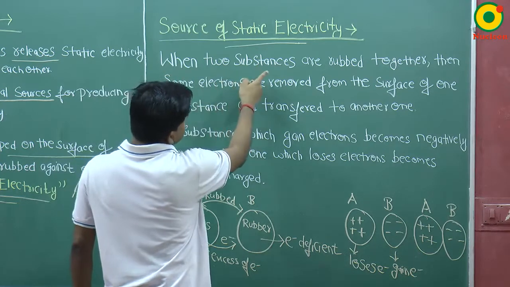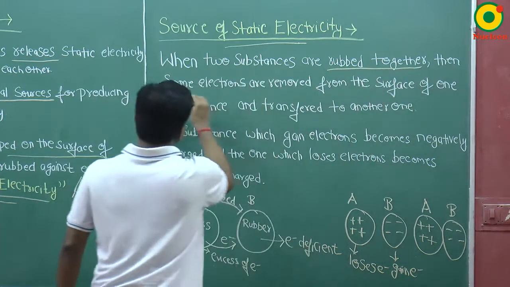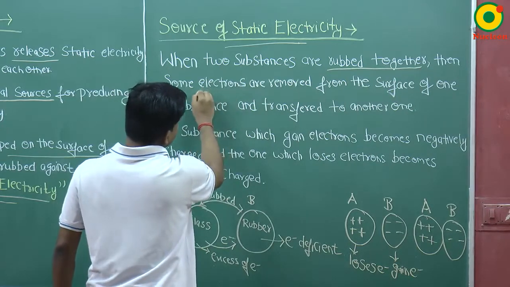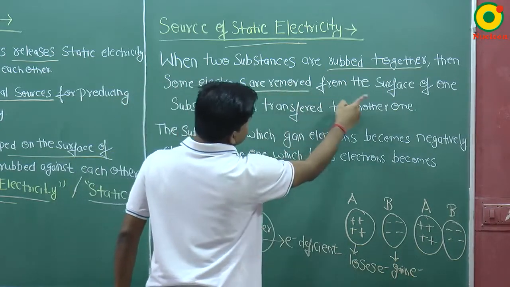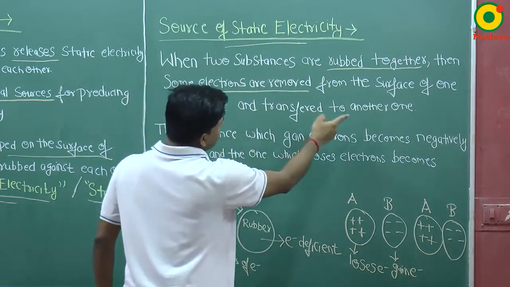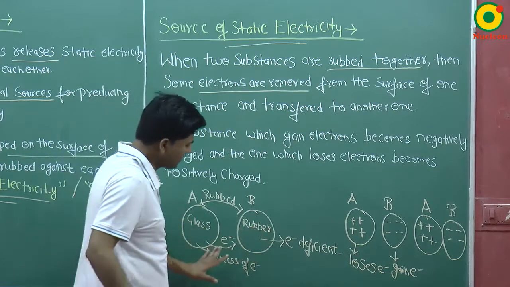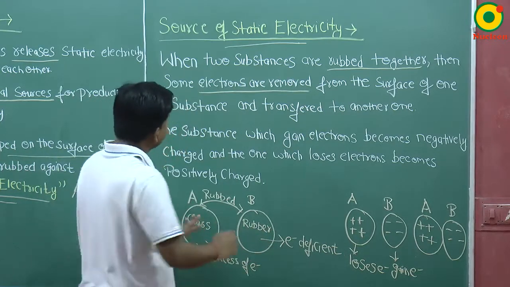So let's see what it says over here. When two substances are rubbed together, some electrons are removed from the surface of one substance and transferred to another one. This is how the transfer takes place.